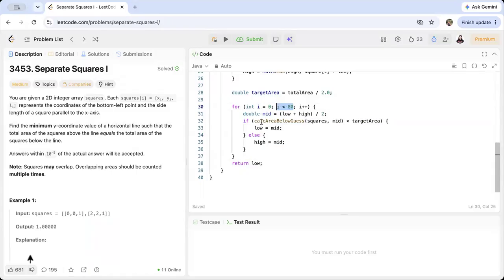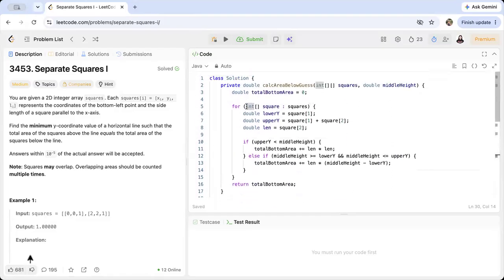So what we've done is we have calculated the area below this middle line. If our area below this middle line is less than our target area, it means we've chosen our low too low. So that's why we have increased low to mid. Else we have decreased our upper bound. So we go up to 80 times to get the precision in our floating point answer.